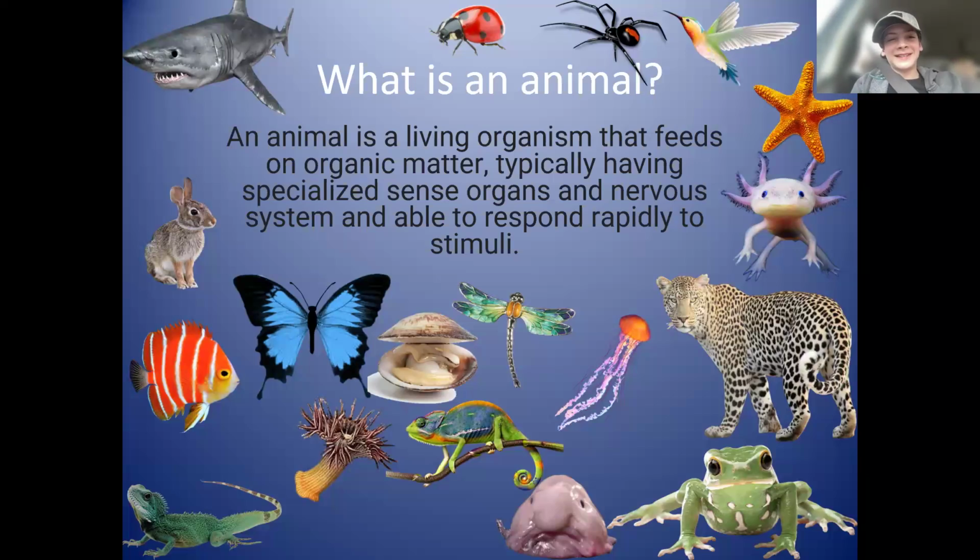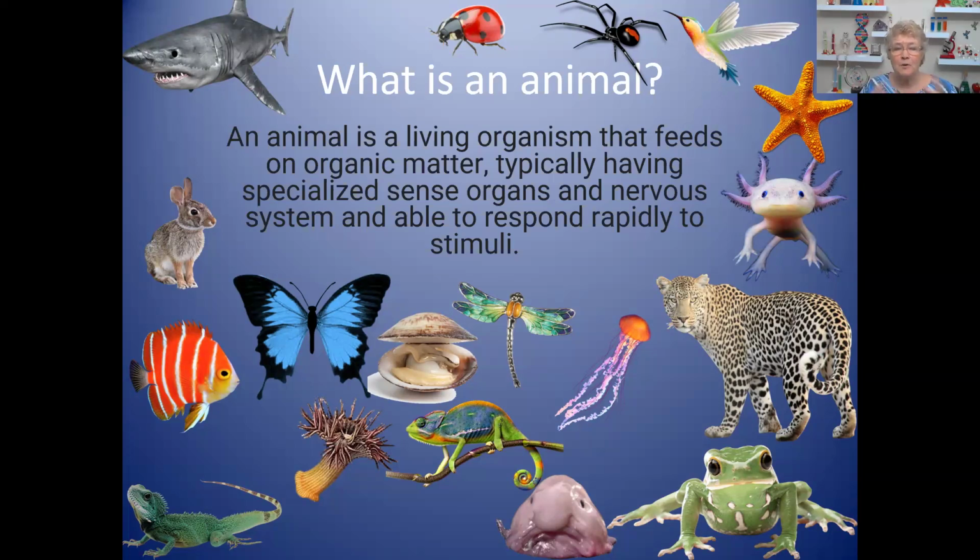Ears and noses. Yeah, excellent. So you have special organs inside your ears that let you hear, inside your nose that help you smell, inside your eyes that help you see, inside your tongue that help you taste, and then all over your skin to help you feel things. Those are your specialized sense organs. So an animal is going to have those.